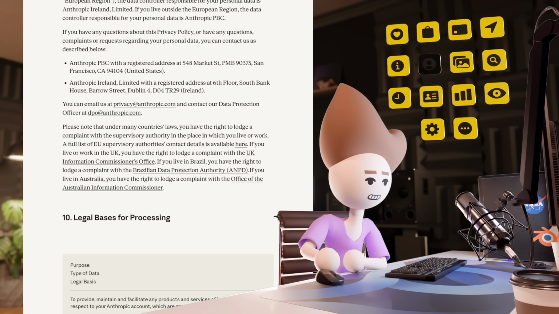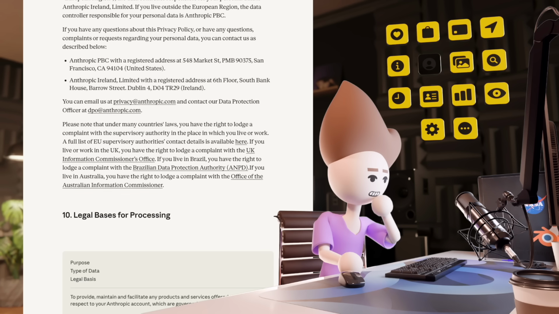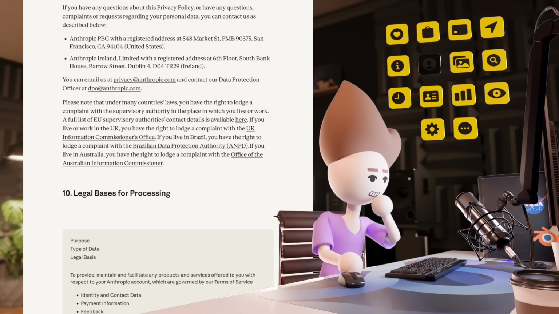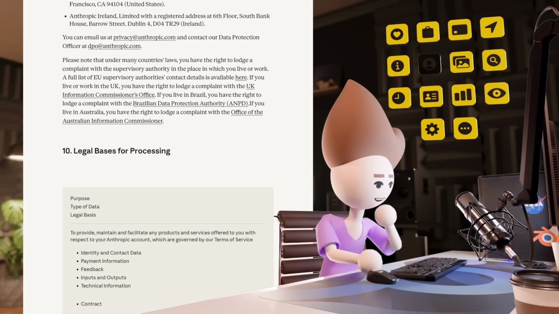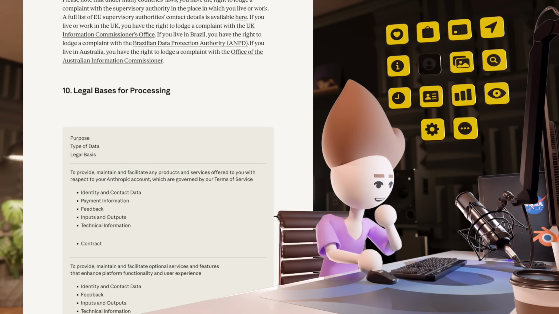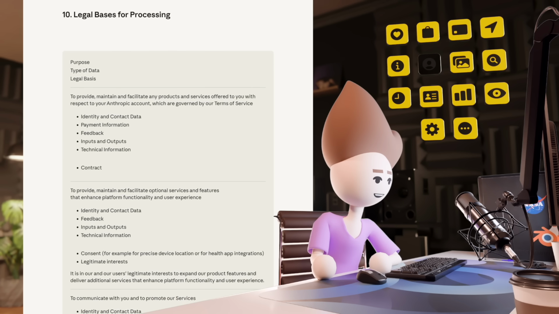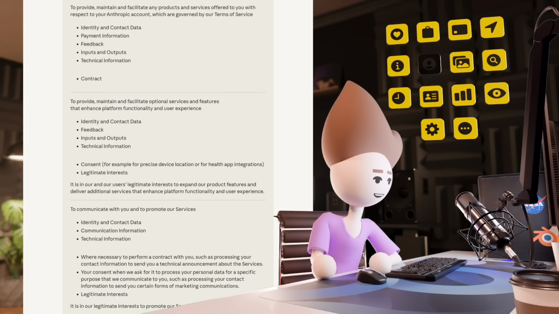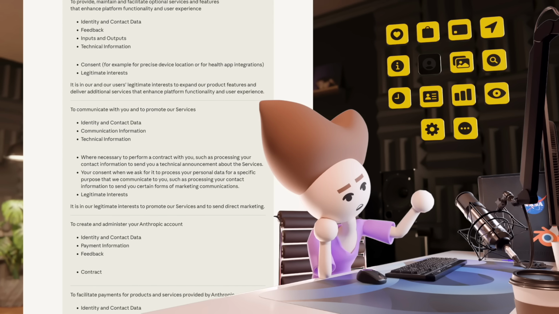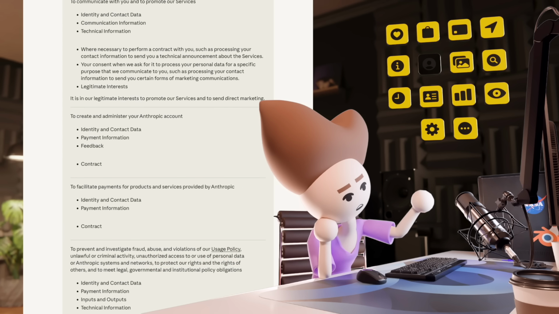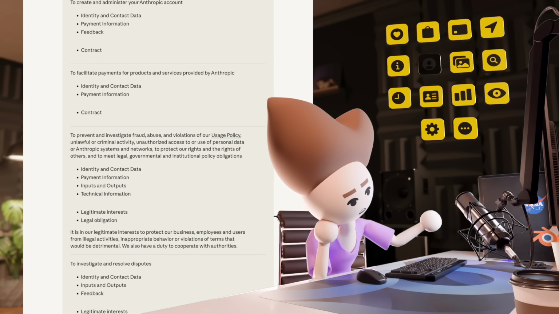All right, so the rest of this stuff applies to non-US places, and I don't really have a strong understanding of those laws, so I'm just going to visually scroll past this slowly. I do encourage you to read these if you live outside the US.